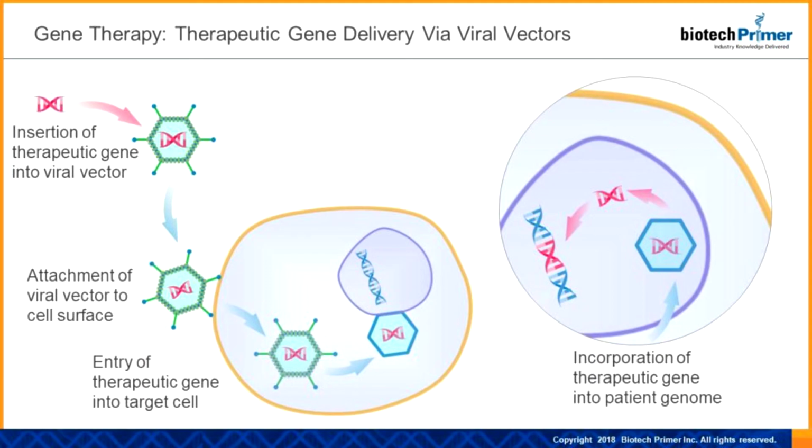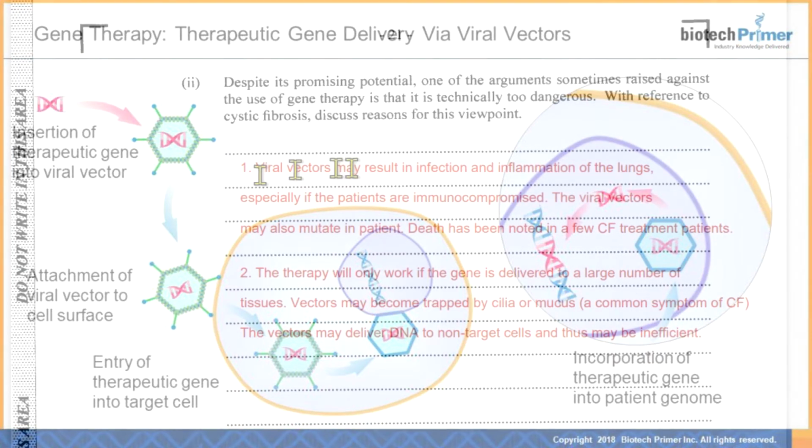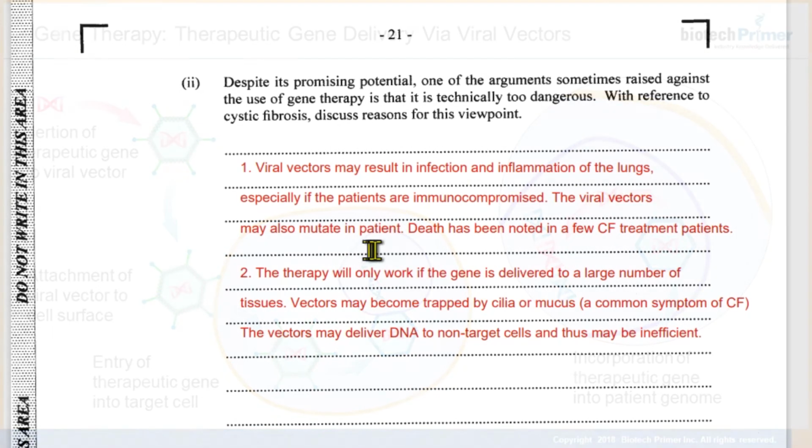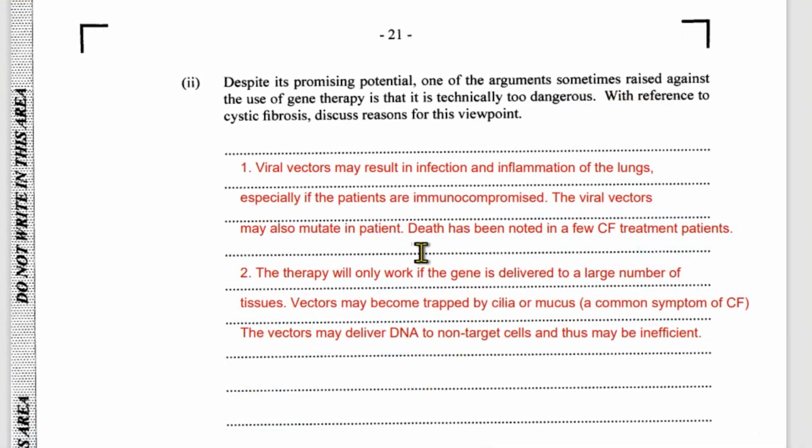The problem is that it's a virus, and viruses are bad, and they can mutate, and they are unpredictable, and they can multiply very easily once inside a cell. So typically the virus has to be inactive. You never know if it could reactivate. So the viral vectors may also mutate in a patient, and death has been noted in a few cystic fibrosis treatment patients.